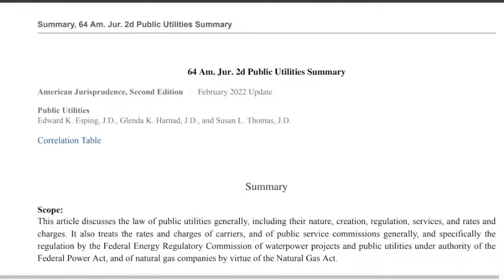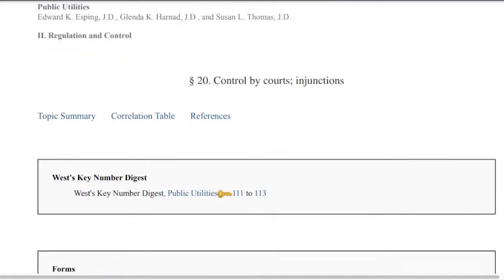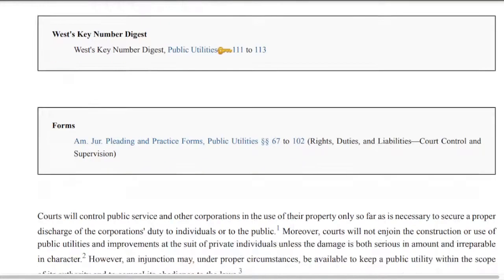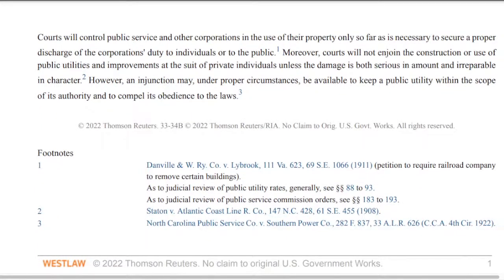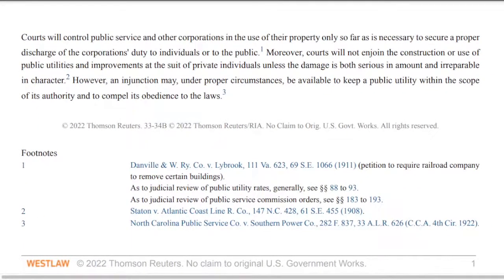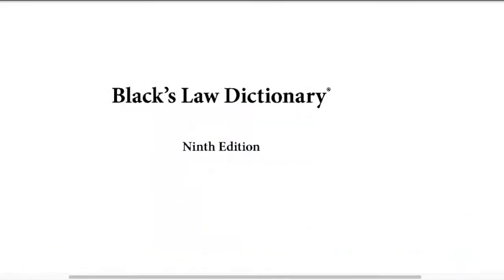So page 42 is where we're going to start from here, and that's control by courts, injunctions. So first, we might know what an injunction is, but for those that don't, let's get right to Black's Law and figure out what an injunction is, especially in this context here, because you're going to find some different meanings for different contexts, different subject matter.